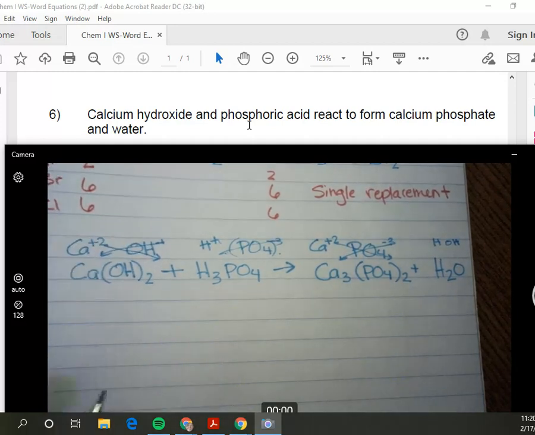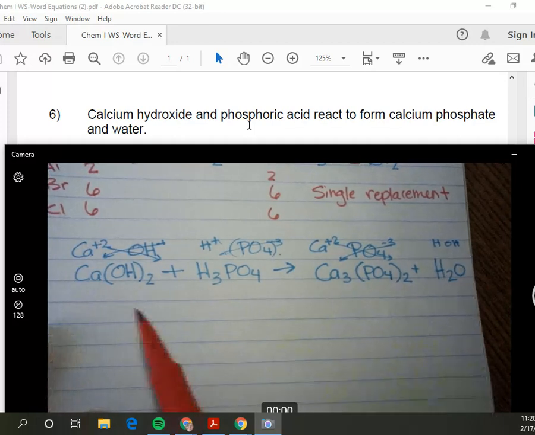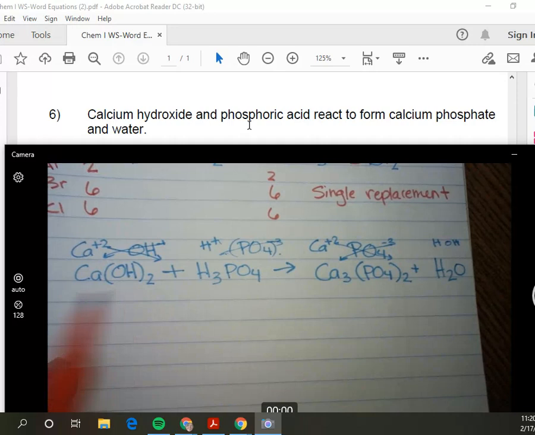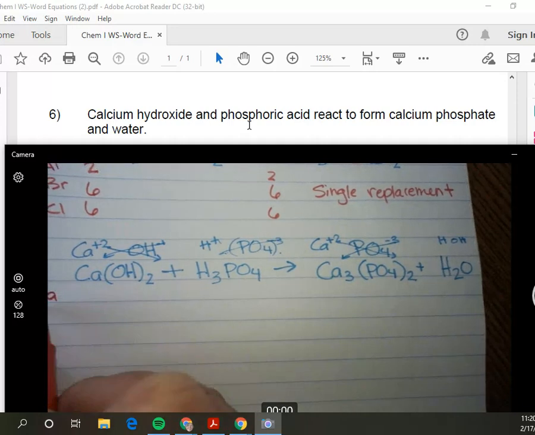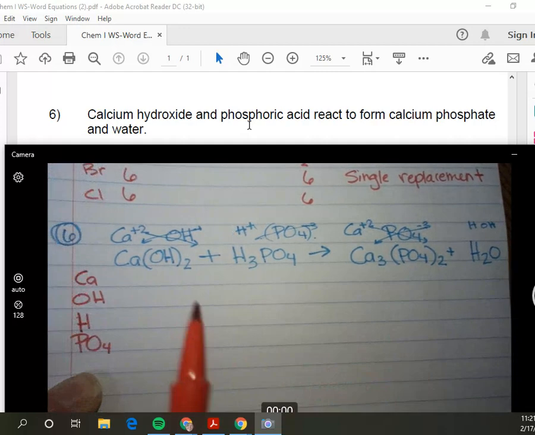Okay, so this time, and I'm also going to show you on this one, when we balance or we're counting, we can leave polyatomics together. So we're going to count calciums, OHs, H's, and then PO4s. And that'll just make life way easier for us as we're counting.